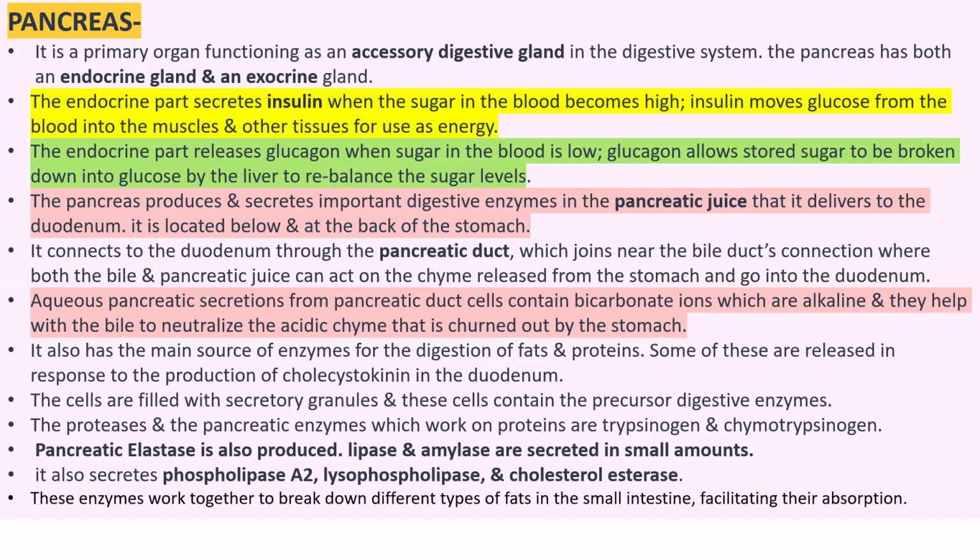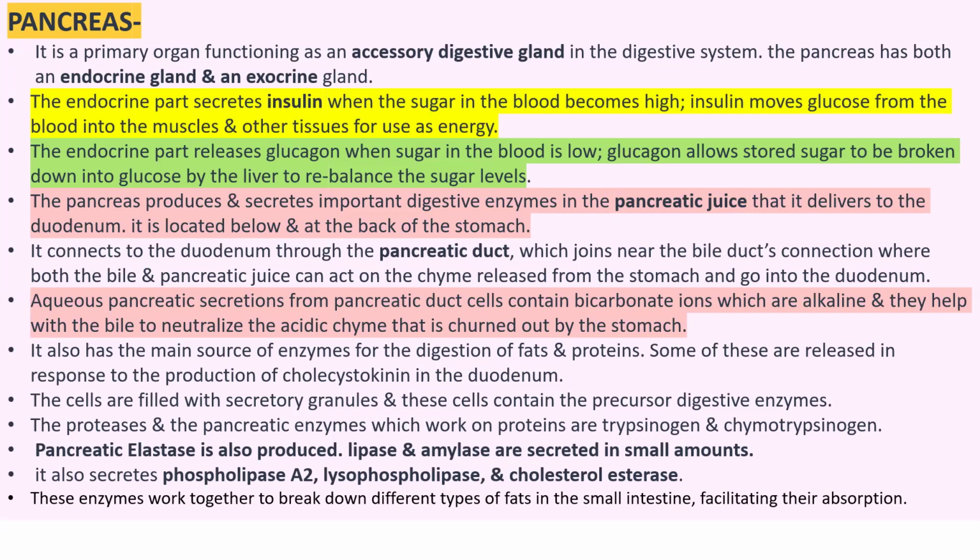So when sugar is high, insulin is secreted and moves glucose from the blood into the muscle and other tissue to use as energy. When sugar is low, the endocrine part releases glucagon, which helps to break down stored glycogen into glucose by the liver to rebalance the sugar level.